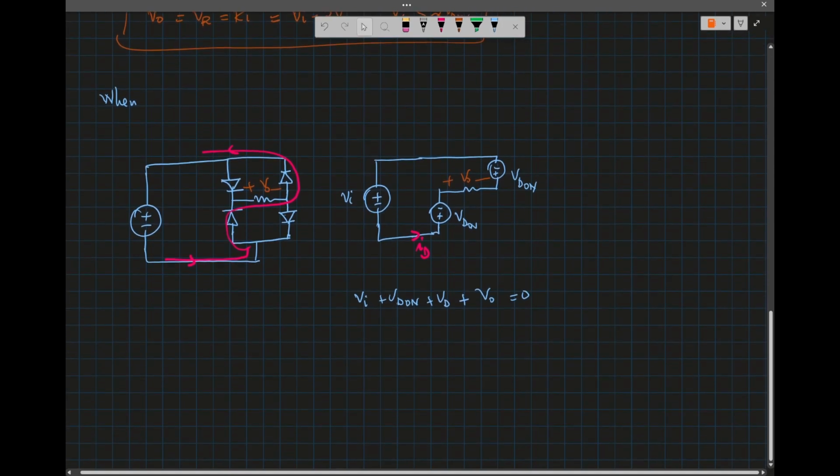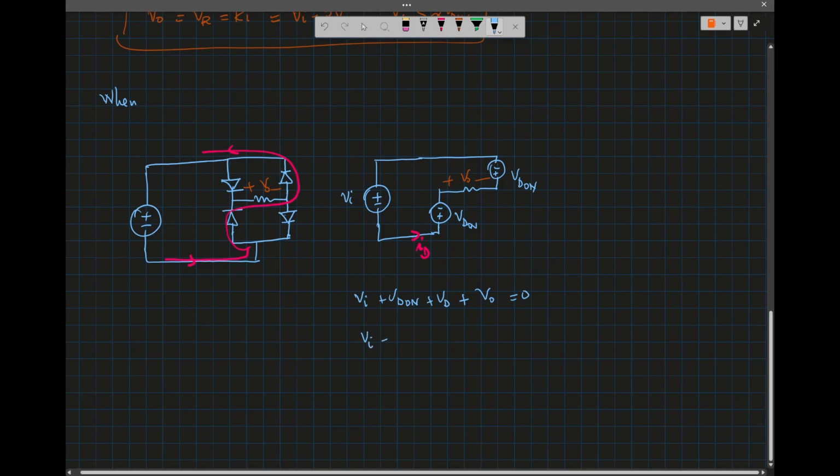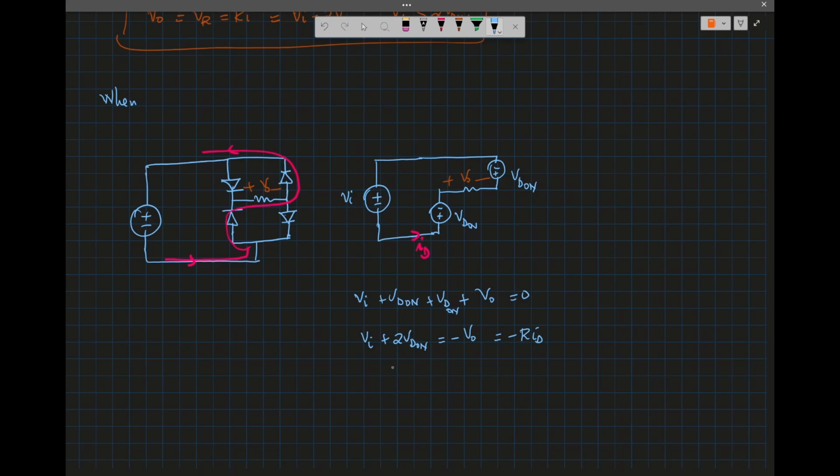Okay, so VI plus 2 VD on equal to minus V0, which is ID. So we want the current to be positive.